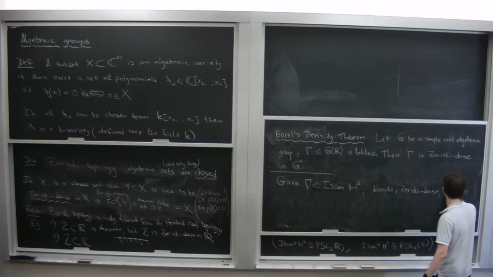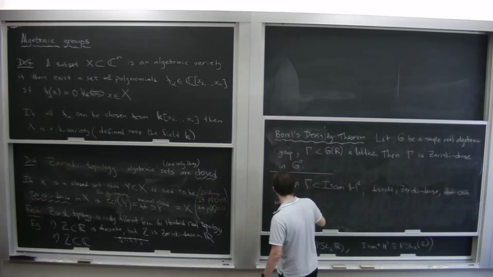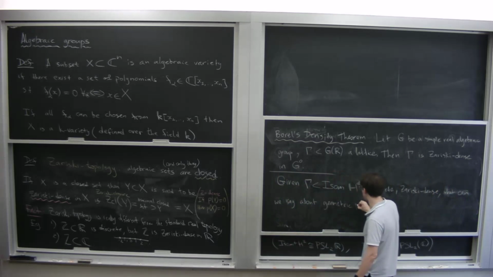What can we say about the geometric properties of gamma?